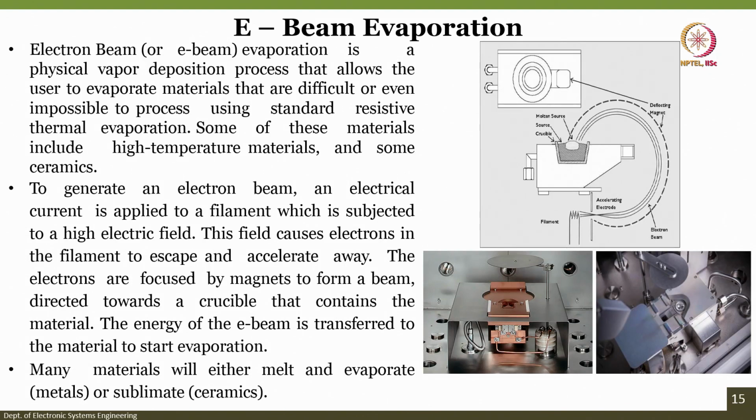Now, what we have discussed earlier is thermal evaporation, and I told you the limitation of the thermal evaporation system: if the material loaded onto the source has a melting point higher than the source material, we cannot use thermal evaporation, but in that case we can use e-beam evaporation.